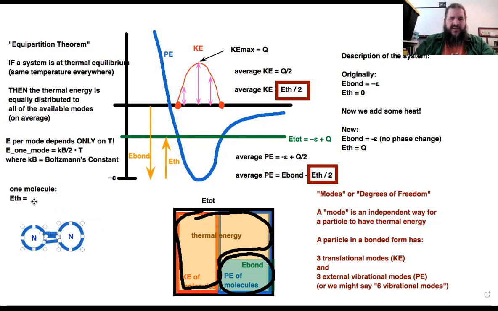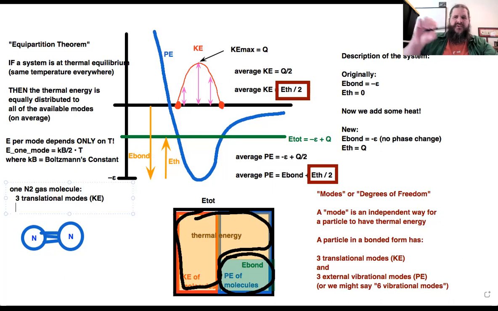So it's got the 3 translational modes, which count as kinetic energy. But it's not only able to move around in space. What other ways could it move? Or what other ways could it have energy? In addition to just moving around in space, how else could this particle have energy?